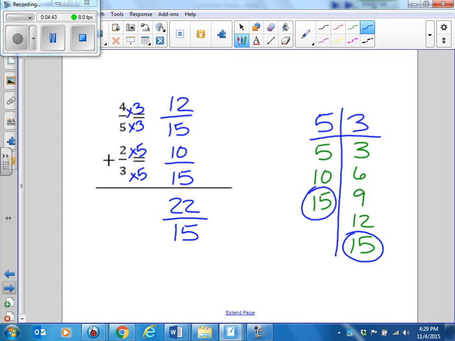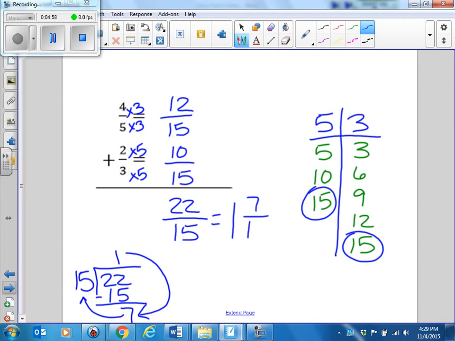And then, again, I need to simplify this. 15 goes into 22 one time. 22 minus 15 is 7, so my answer is 1 and 7/15. If you need to, again, go ahead and pause the video.